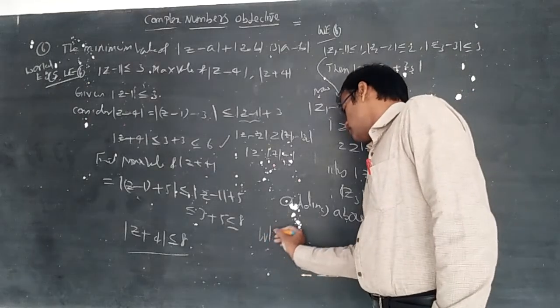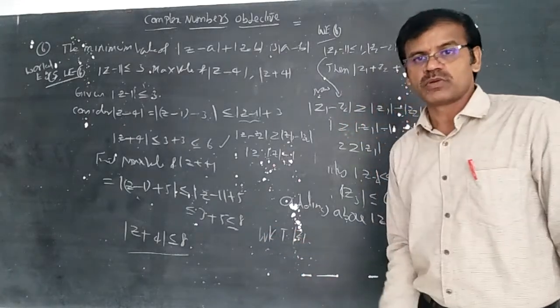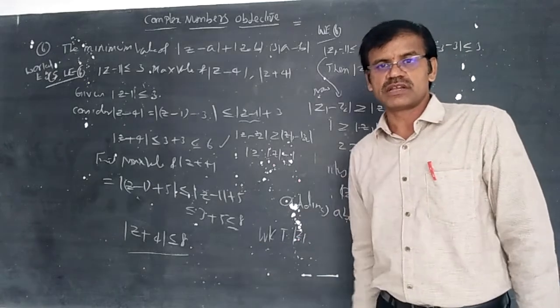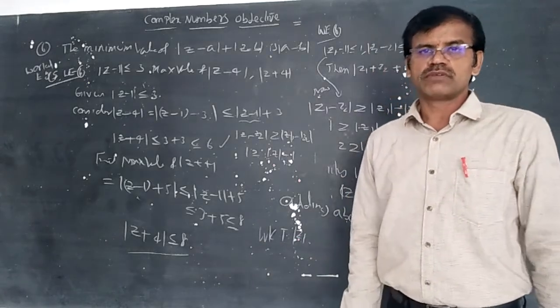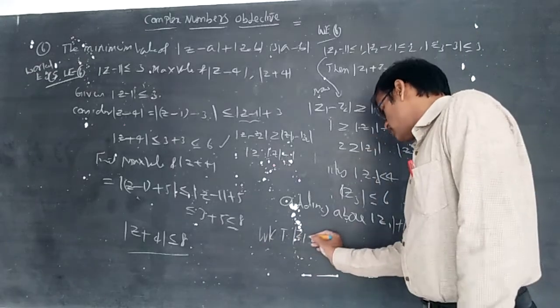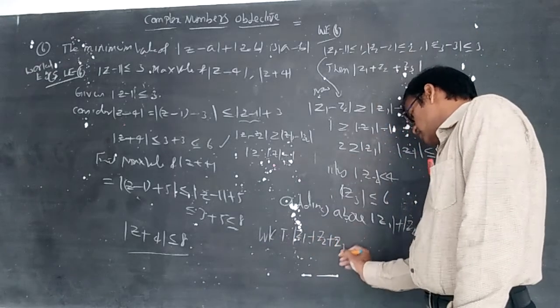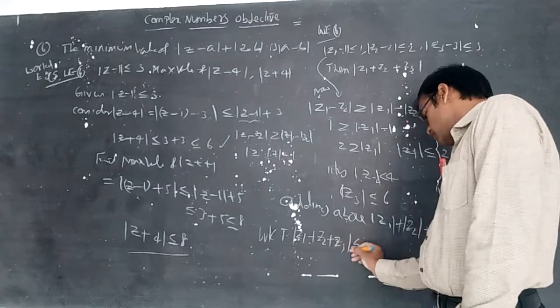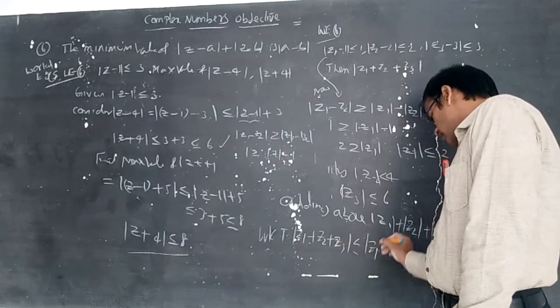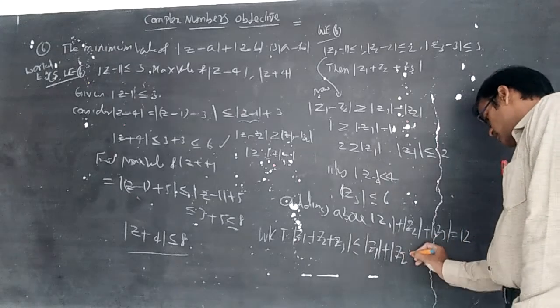We know the triangle inequality formula: modulus of Z1 plus Z2 plus Z3 and so on until Zn is less than or equal to mod Z1 plus mod Z2 plus mod Z3 and so on until mod Zn. So modulus of Z1 plus Z2 plus Z3 is less than or equal to modulus of Z1 plus modulus of Z2 plus modulus of Z3.